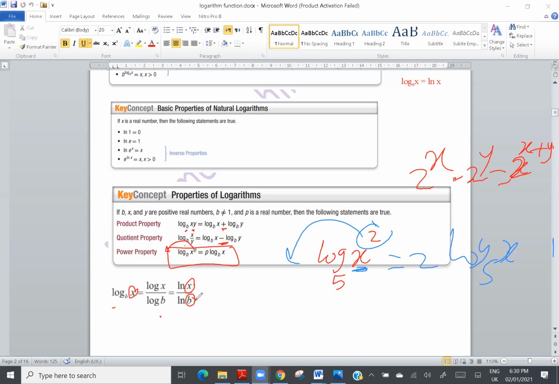Now, the question is, where is the base here in log x? If there is no base, it means the base is 10. And actually, in the calculator, you have two kinds of buttons for log.